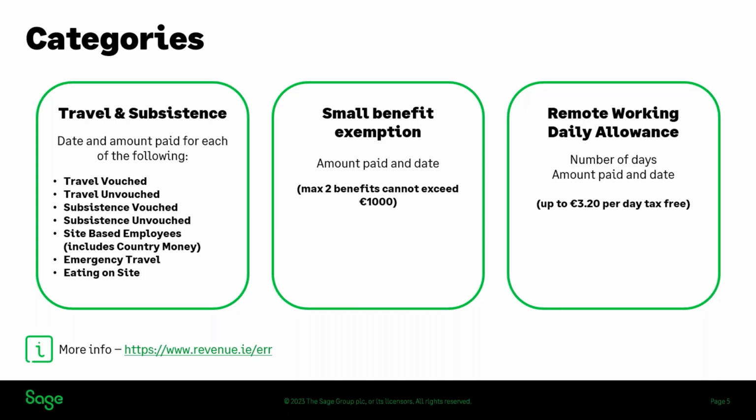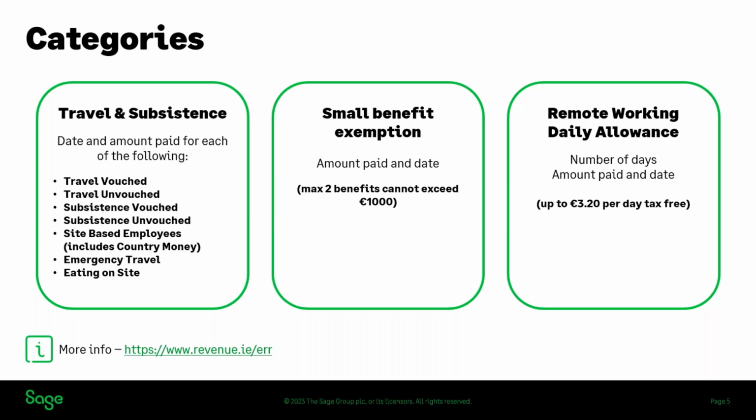The next one is small benefit exemption. So this is usually in the form of a gift card or a small gift to your employee. And this can be provided tax-free as a maximum of 2 benefits per tax year, not exceeding a combined total of €1,000. So a common time that you would provide a small benefit exemption would be a gift card at Christmas.